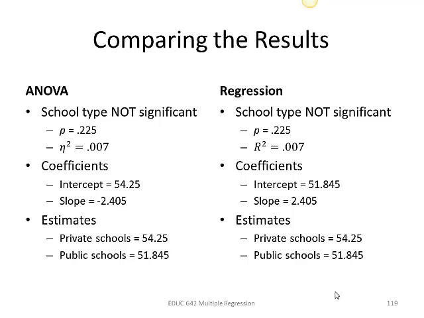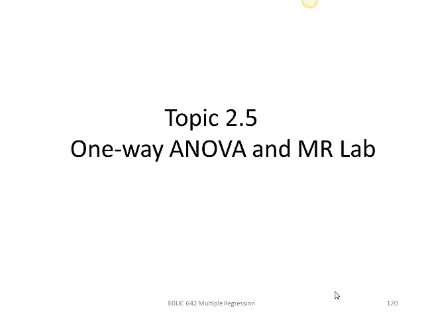But the slopes are kind of the flip side of each other, but when I actually calculate estimates for private schools and public schools, lo and behold, they're exactly the same. Okay? So I can do with regression what I was doing with ANOVA. And the nice thing about that is that we're going to be able to use continuous as well as categorical predictors moving forward. Not everything in life is easily categorized. Some of it's continuous.